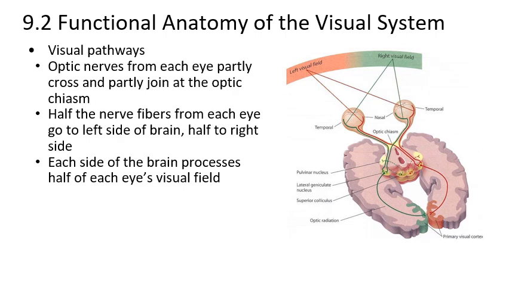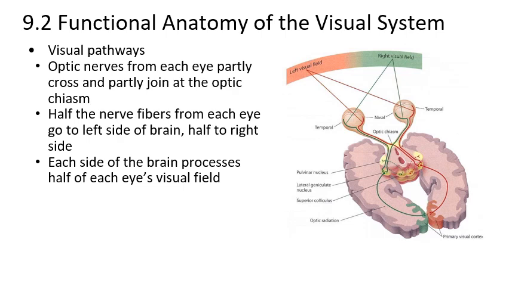Okay, so there are a number of different visual pathways, but after the visual information leaves the retina, the optic nerves from the retinal ganglion cells of each eye partly cross and then partly join again in the optic chiasm. The optic chiasm is this little X right in the bottom of the brain.